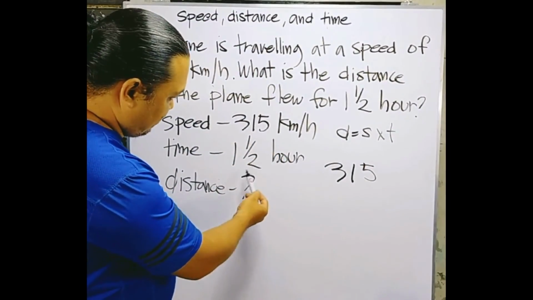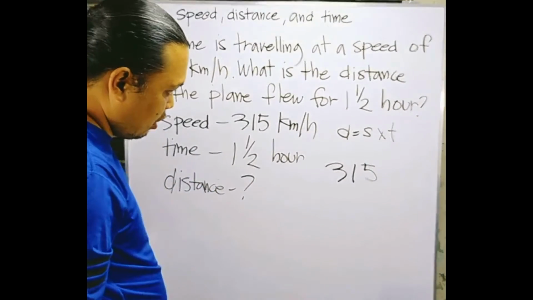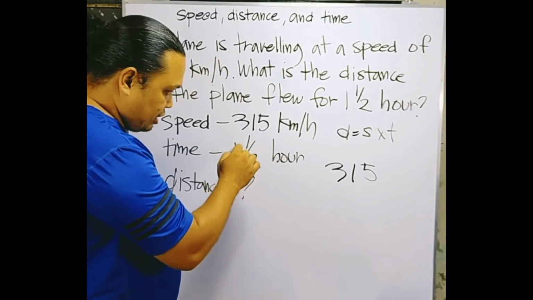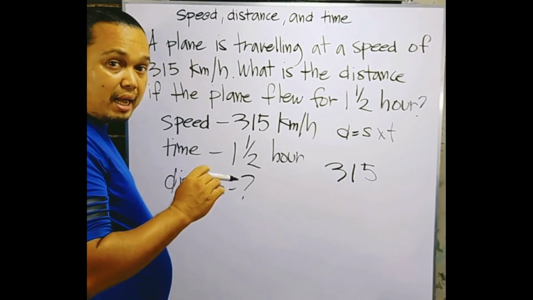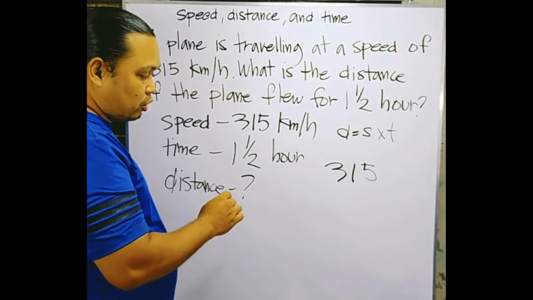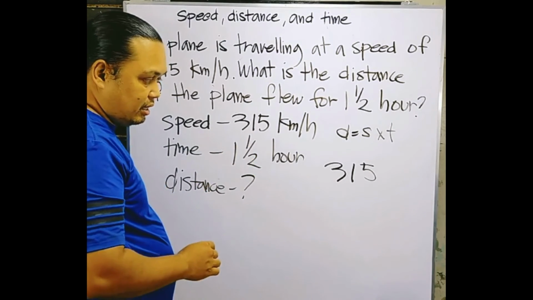So we have here a fraction. So how do we multiply this fraction by a whole number? All we need to do is just convert the fraction into a decimal, and 1/2 here is 0.5. If you divide 1 by 2, that would be 0.5.